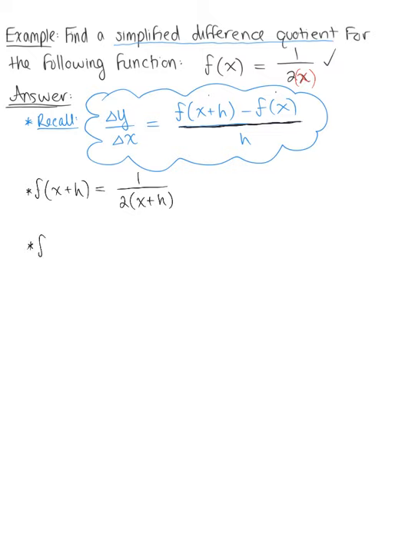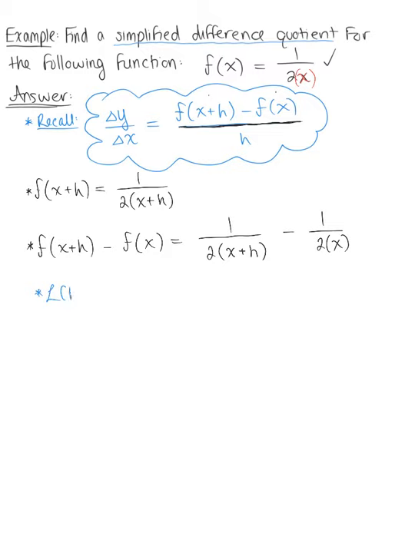So step 2, finding that difference, f of x plus h minus f of x. This is equal to 1 divided by 2 times x plus h minus 1 divided by 2 times x. So we're going to need to find a common denominator here.